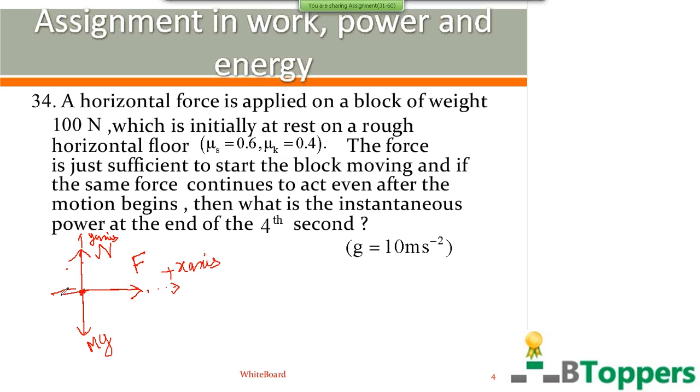The frictional force on the block by the surface of the floor opposes the motion of the block relative to the floor. So the force of friction on the block acts opposite to the horizontal force applied. So Fy, that is the y component of the resultant force on the block, we can write as N minus mg. That will be 0. So the magnitude of the normal reaction on the block is the same as the weight mg of the block.